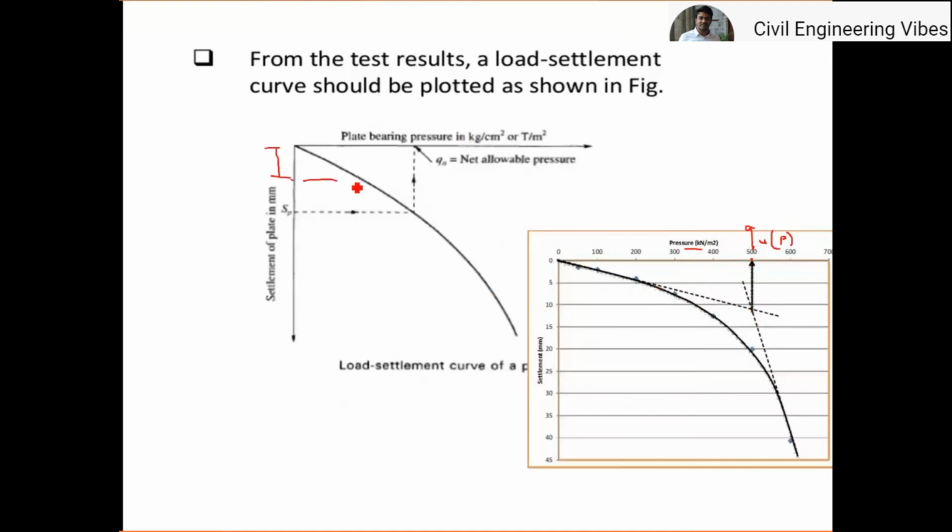On the log-log plot, the ultimate load is obtained from the intersection of the tangents drawn as shown here. The tangents are drawn from the upper side and from the bottom side. The intersection of the tangents is projected to the y-axis, and this point is known as QUP.